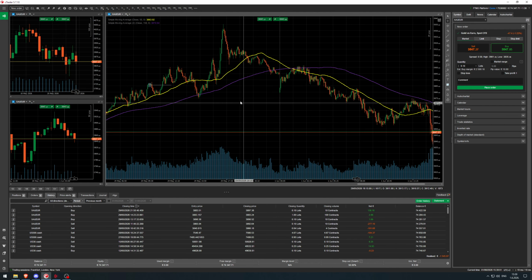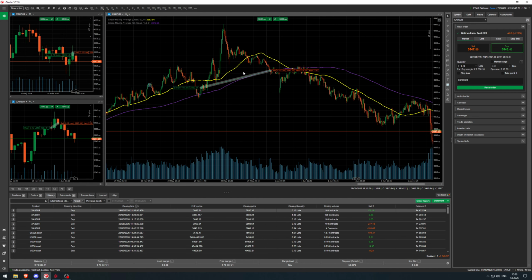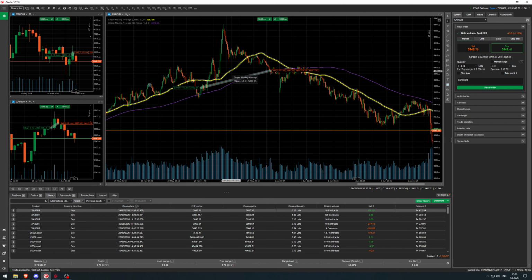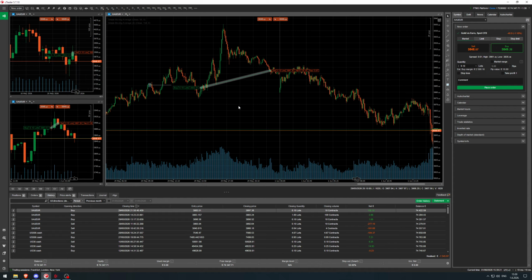The stop loss was here, where when I saw this go down and started to reject, I just placed it somewhere below this line. Was just here. Ignore the yellow line. These lines were not relevant.